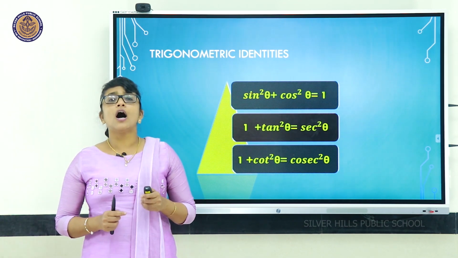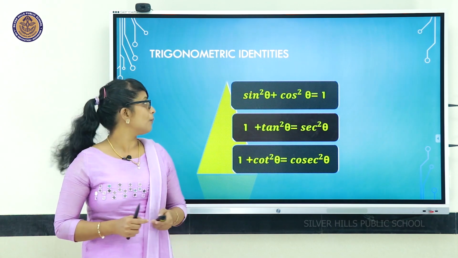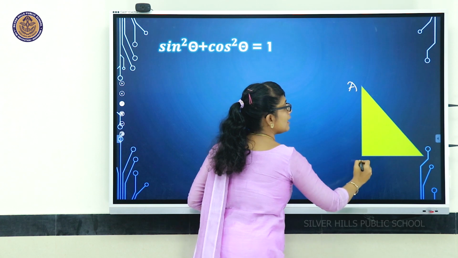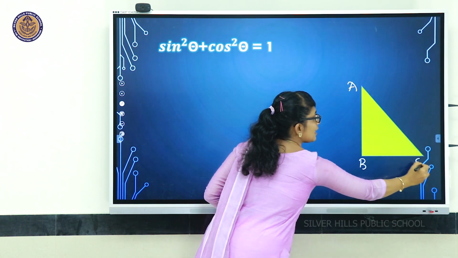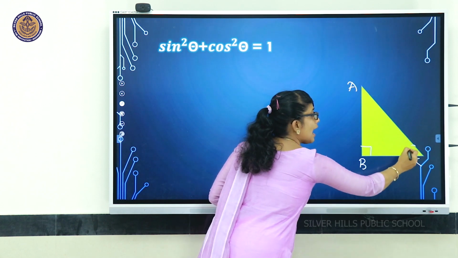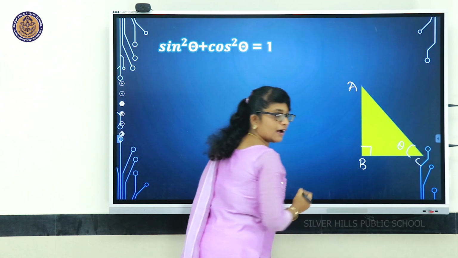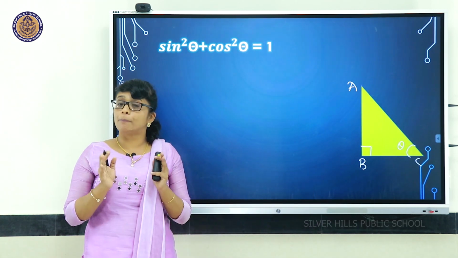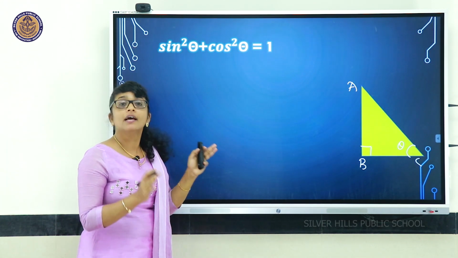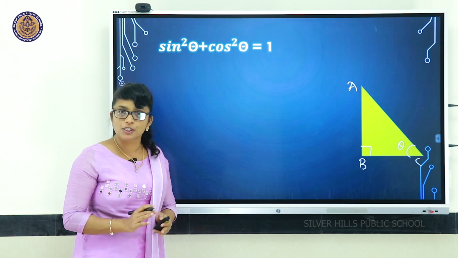Let's see how this identity will be proved. Consider a right angle triangle ABC, right angled at B, and angle C as theta. We learned the Pythagoras property. For proving this identity, we can use the Pythagoras property.